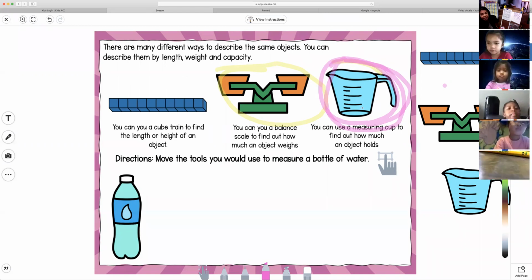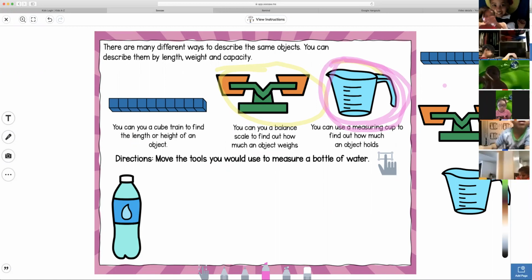Good job, Sophia. Yes, your mom uses it when she's baking. Naomi, I know you like to bake. Do you use that? We use that sometimes. That's right, when you do your baking. My mom bakes fruit salad. My grandma and my mom bake fruit salad. Sometimes I help. It has fruit in it, and it's a salad. Awesome. Naomi, how about you?